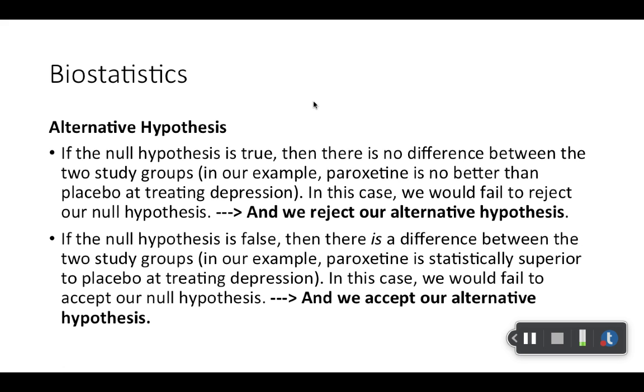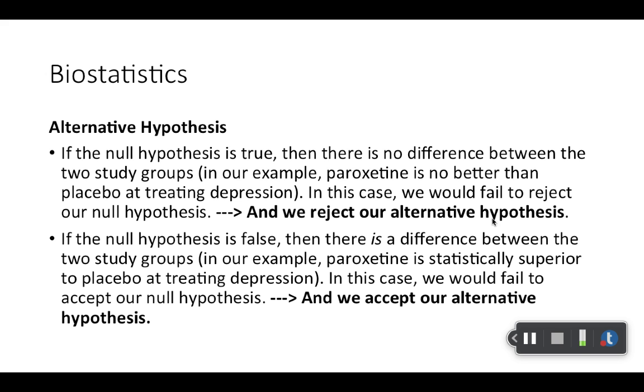If the null hypothesis is true, then there is no difference between the two study groups. So placebo and medication, no difference. In this case, we would fail to reject our null hypothesis, which we've already been over, and we reject our alternative hypothesis. So again, just another layer to that.